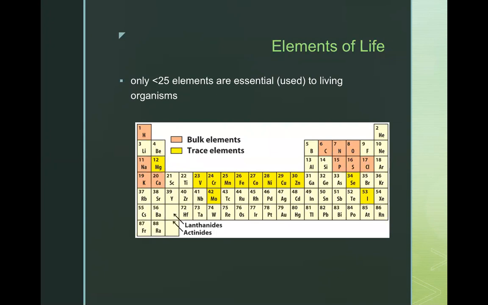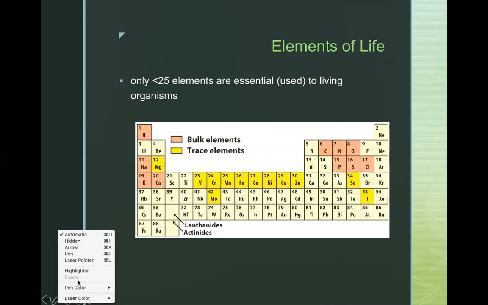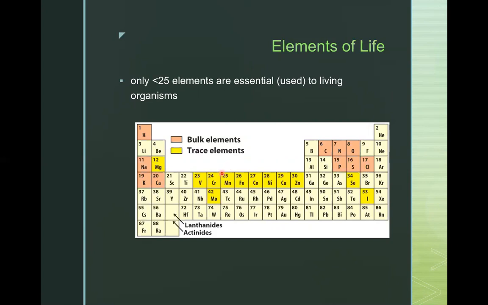There are fewer than 25 elements that are actually essential to living organisms. You can see here in this cute little depiction of our periodic table that our bulk elements are in that tannish color, and then our trace elements are in the yellowish. One of the ones that I always like to point out, for example, is that iron, I have a laser pointer on here, sorry, really just easily distracted.